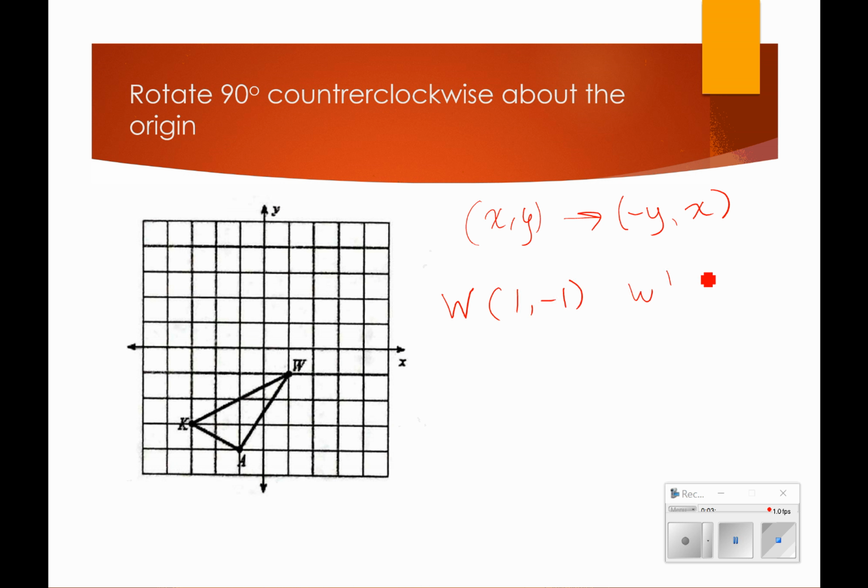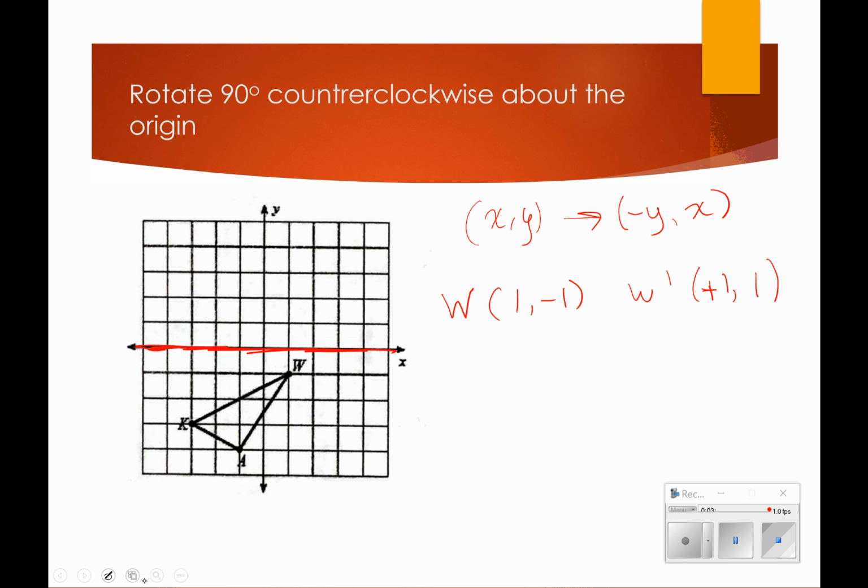For W prime, if I flip them, the -1 and the 1, and then negate the Y, negating a negative makes it a positive. So my W prime is (1, 1).